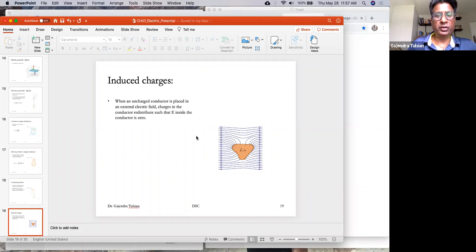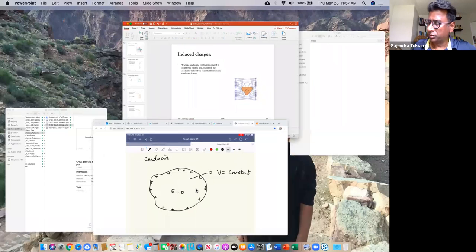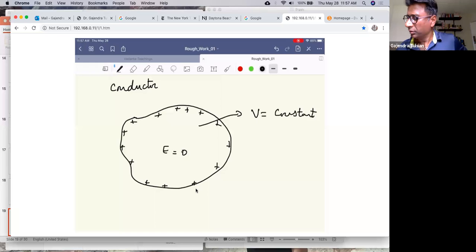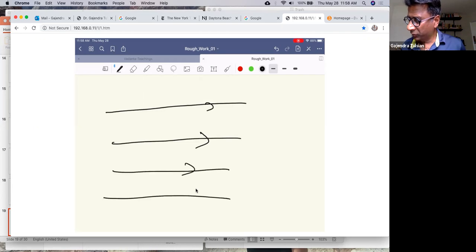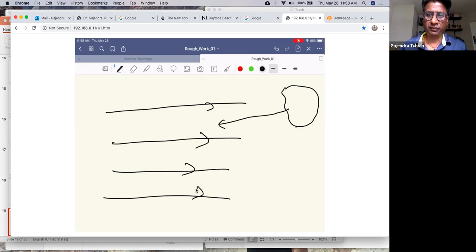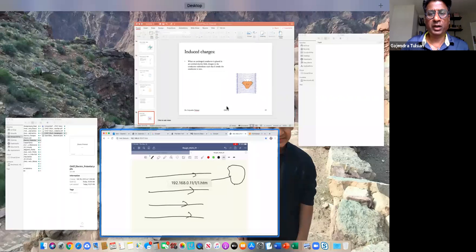Okay, so what this is showing you is the following. Let's say you have a region where the electric field is constant. Okay, so there's this electric field. And what we're going to do is take a conducting solid and bring it into this constant electric field. And here's what happens.